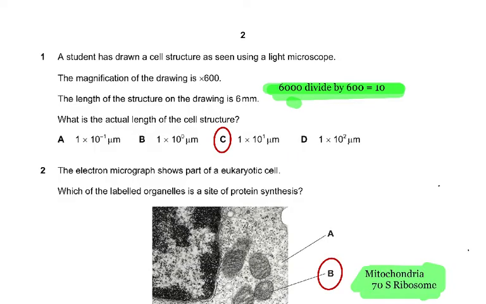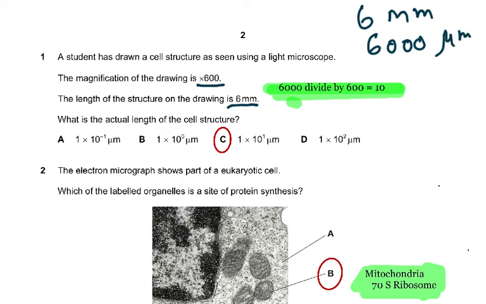Now looking at the first question, it says a student has drawn a cell structure as seen using a light microscope. The magnification of the drawing is x600. The length of the structure on the drawing is 6 millimeter. What is the actual length of the cell structure? Now, 6 millimeter is 6,000 micrometer.